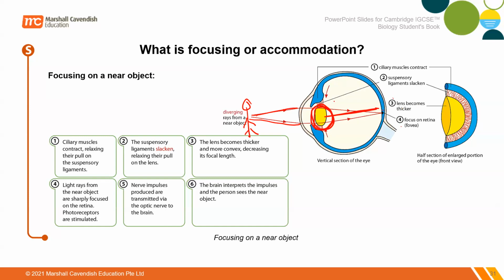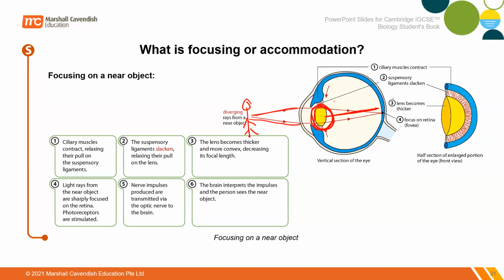طب ازاي بقى يا ملك يا حكيم بتبقى lens thicker؟ ازاي بتكون more convex؟ برضو عن طريق الciliary muscle والsuspensory ligaments. الciliary muscles here بتcontract. So when the muscle contracts the suspensory ligaments بنقول عليها ايه؟ slacken يعني ايه؟ يعني relaxed. وبرضو يا يمنى لو نسيت slacken in the exam I can write relaxing.